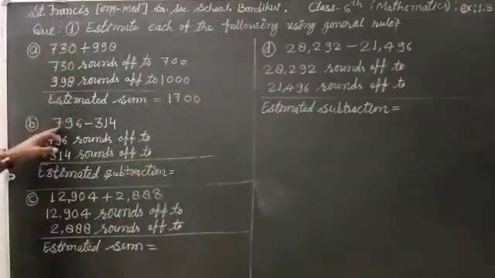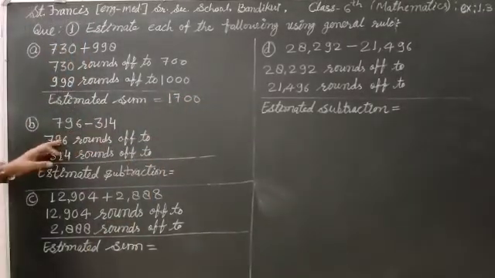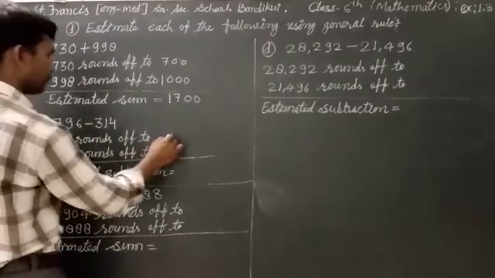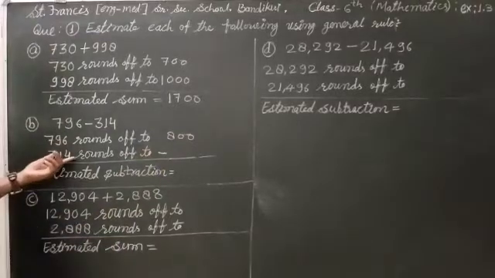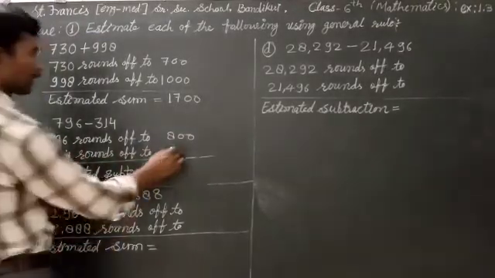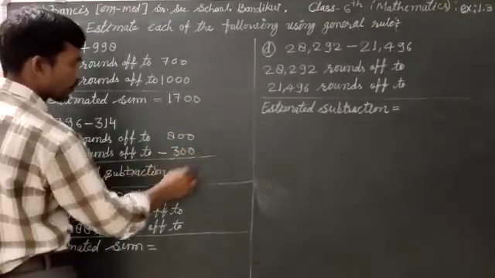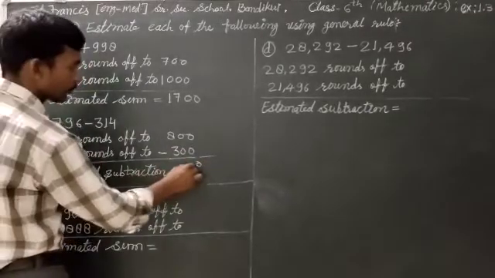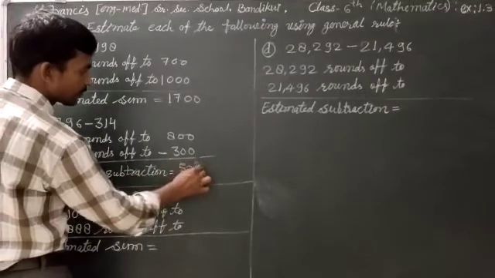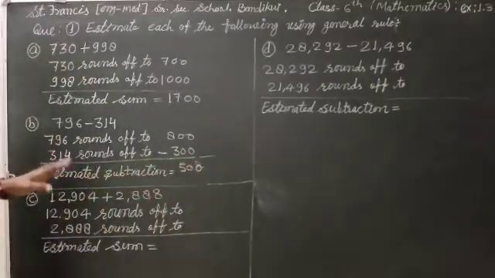In this question, 796 minus 314: 796 rounds off to 800 and 314 rounds off to 300. The estimated subtraction will be 500.